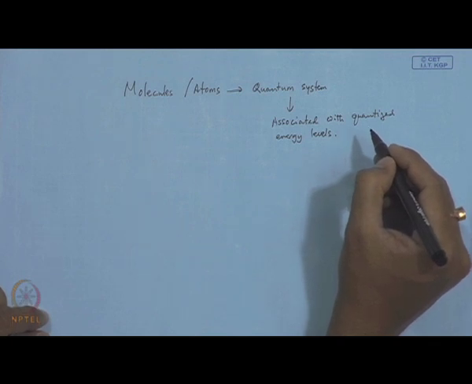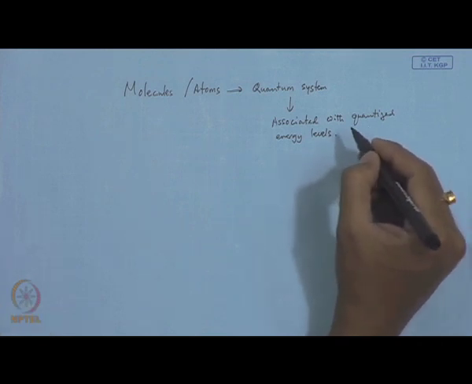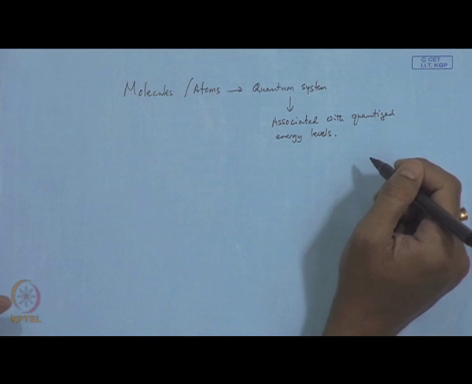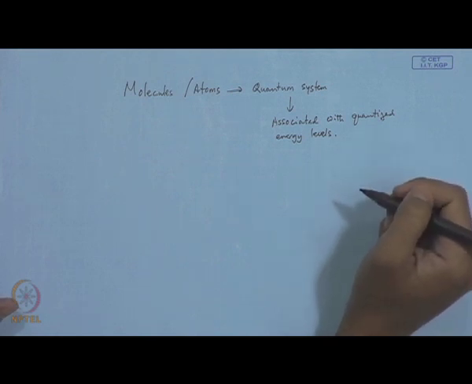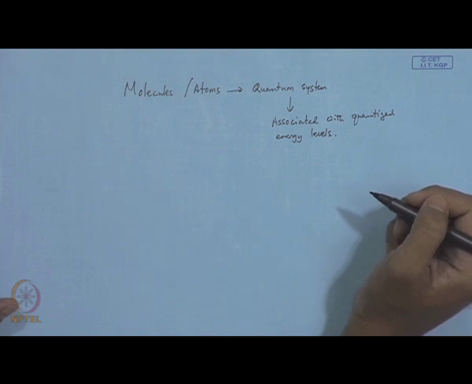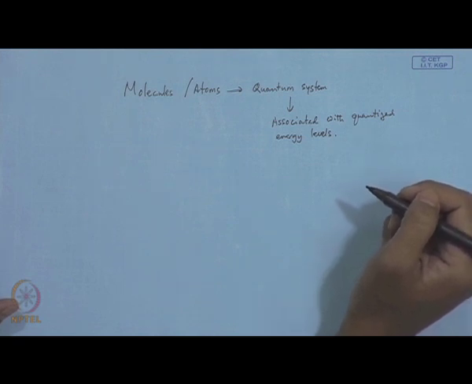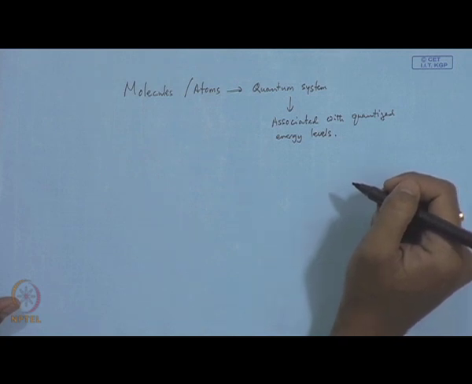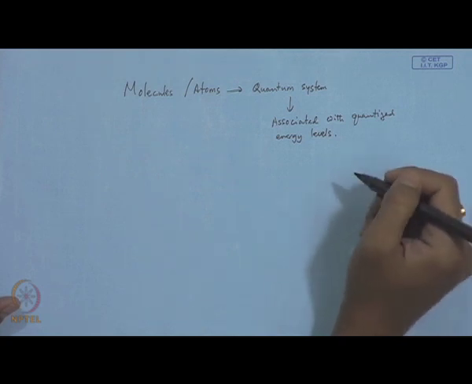Next question, if these molecules, that is the interacting entities, are quantum systems, then why should we use classical theory? Why not directly apply quantum theory to such cases? Okay.